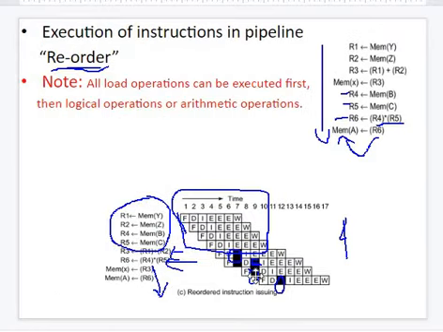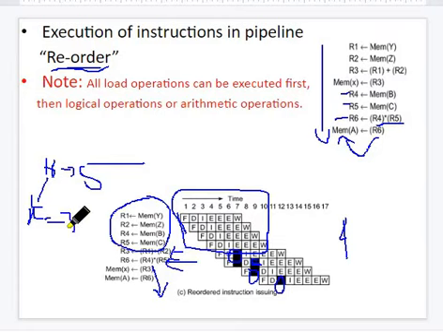Now it is 5. The idle time has reduced from 16 to 5. Idle time means not-working time. So if x is the performance in the earlier method, it is 3 times in this method of reordering. Okay, fine.